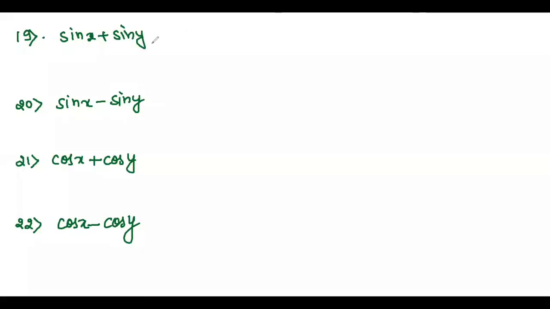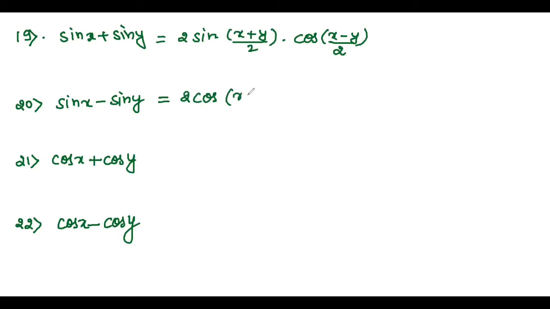Now next four identities or formulas. Sine of x plus sine of y will be 2 sine of x plus y by 2 into cos of x minus y by 2. Then sine of x minus sine of y, we can write as 2 cos of x plus y by 2 into sine of x minus y by 2.